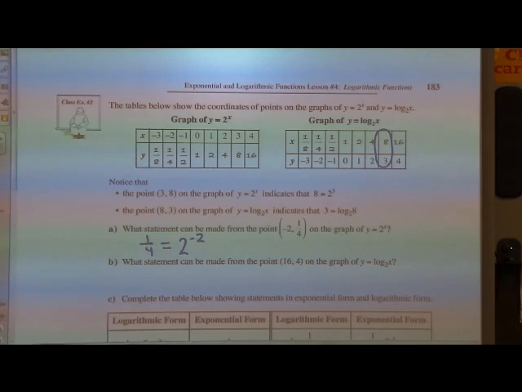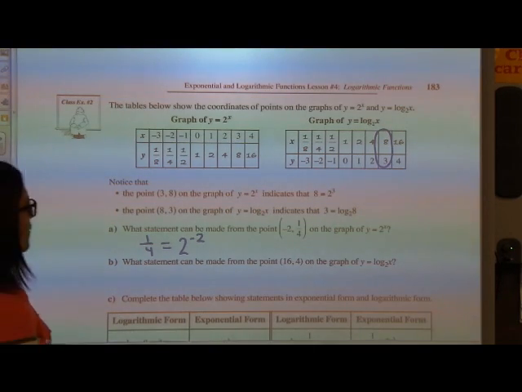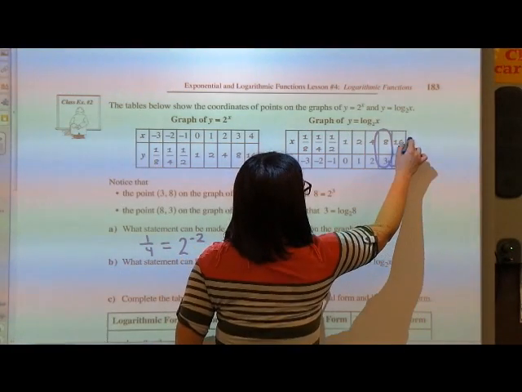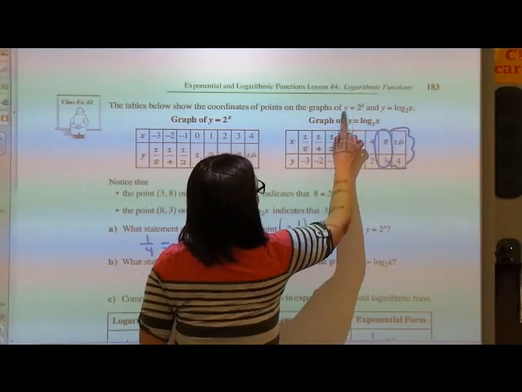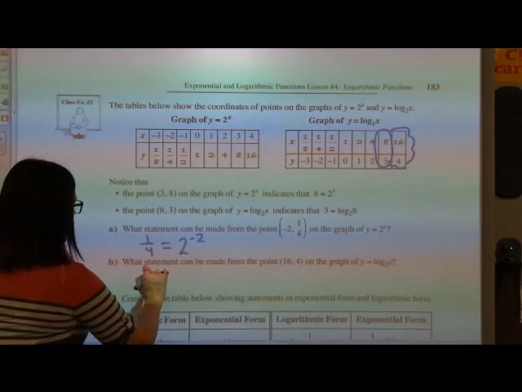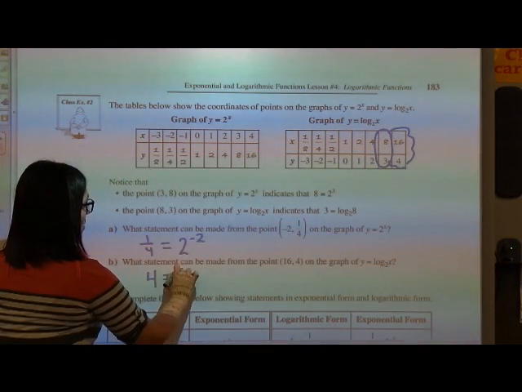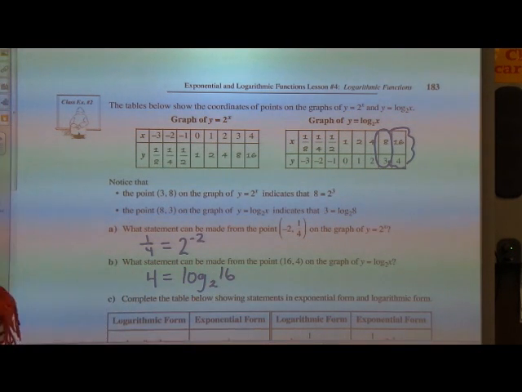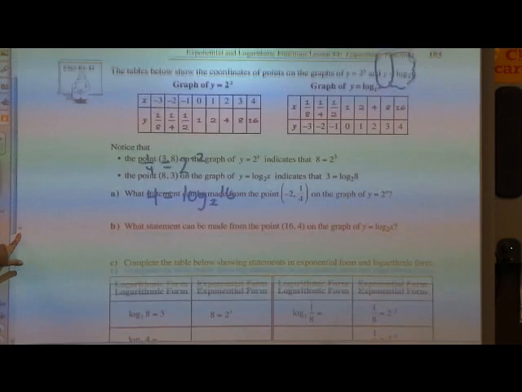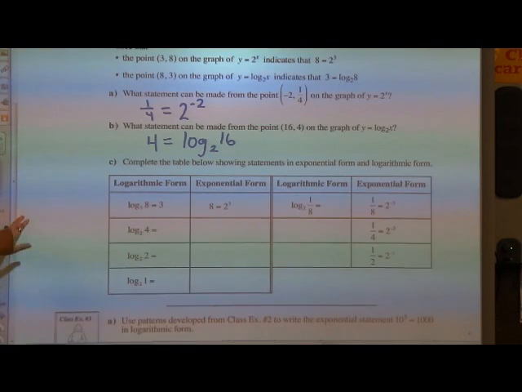And then if I look at the point 16 and 4, which is this one right here, what statement could I make using the log function? Well, the value of y is 4, so I get that 4 equals log base 2 of 16.